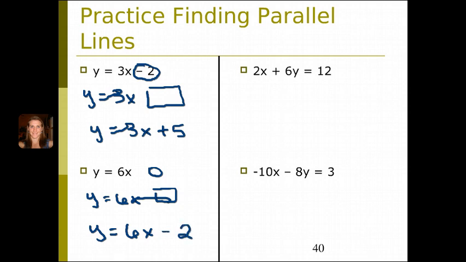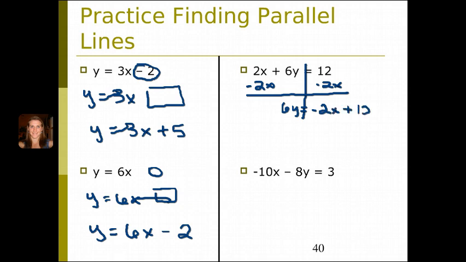The examples on the right, however, are going to be a little bit more challenging because you need to actually put them in slope-intercept form to know the slope before you can find a line that's parallel. So we need to solve the equations for y. I would need to subtract 2x from both sides. I'm left with 6y equals -2x plus 12.